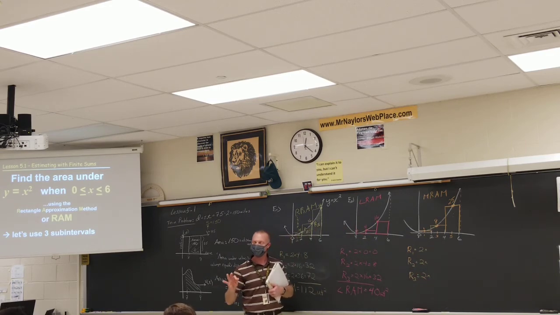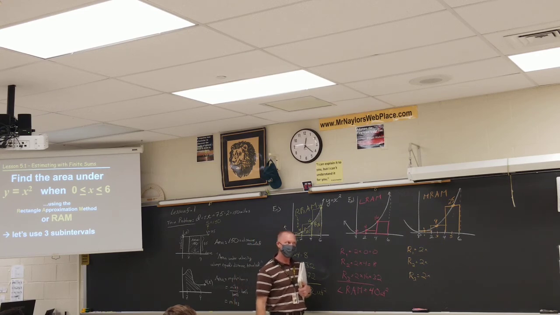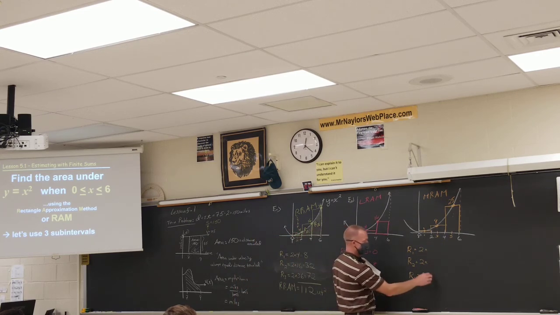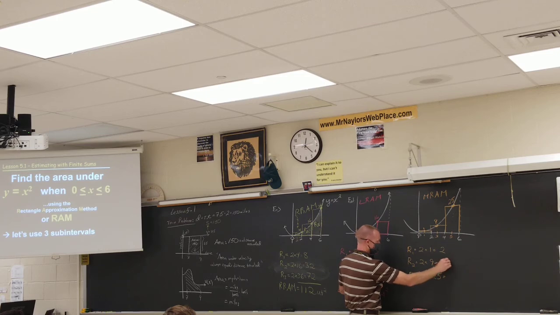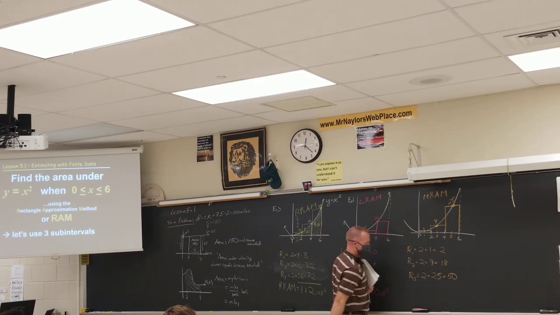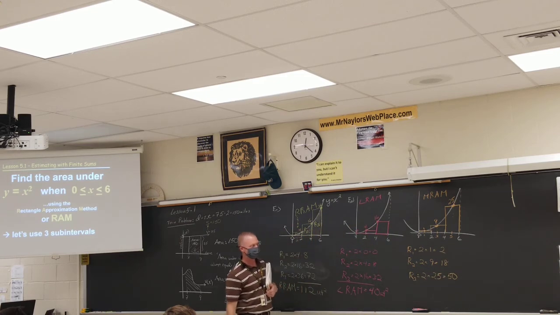Each rectangle has a width of 2. Okay, so we're still using 2 bys. Okay, so I got areas of 2, 18, and 50.